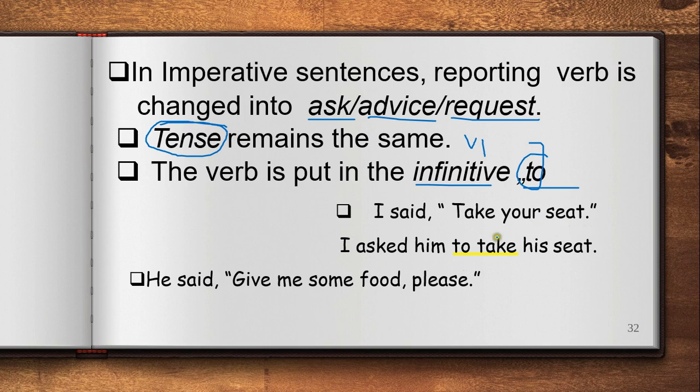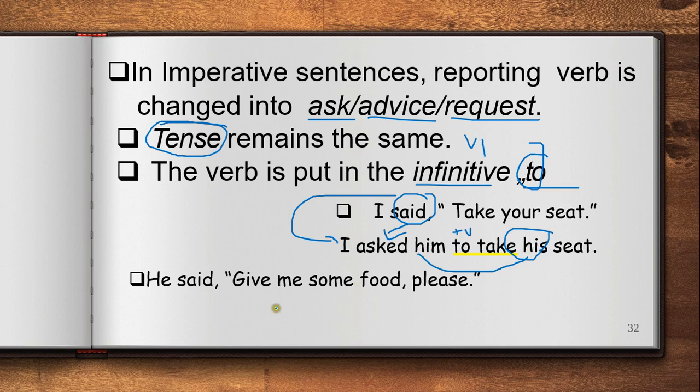Imperative. So in here, if you want to change to indirect, said becomes asked. I asked him to take his seat. There is a pronoun in here because this is one, him, his.